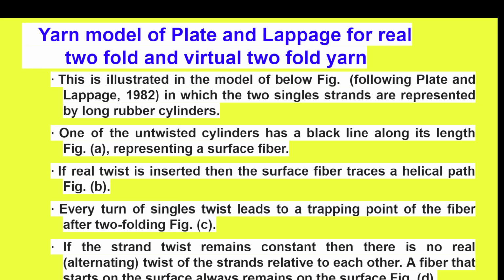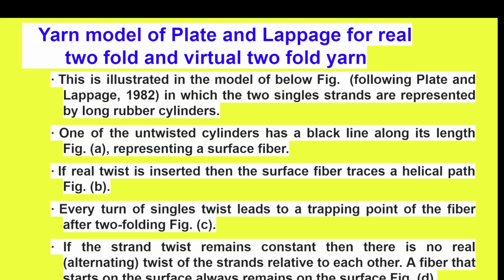One of the untwisted cylinders has a black line along its length in figure A representing a surface fiber. If real twist is inserted, then the surface fiber traces a helical path as shown in figure B.